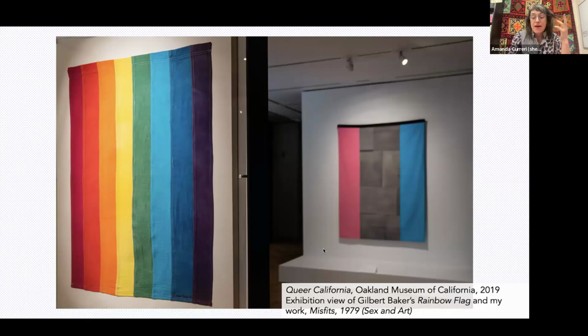And at that point, I needed those back in my version of a queer flag. I can run through what the original symbols were. It was pink equals sexuality, red equals life, orange, healing, yellow, sunlight, green, nature, turquoise, art and magic, blue, harmony, and violet, spirit. So this was a sort of redo of sex and art.